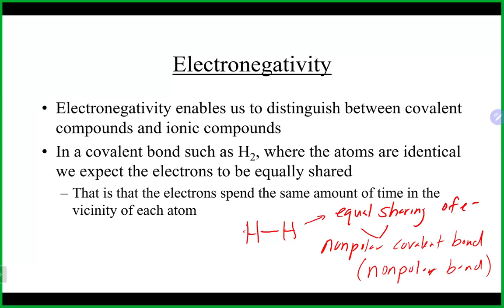As we will talk about, there is some degree of what we consider equal sharing. But if we have perfectly equal sharing of electrons, which would be the case here, since they're both the same element, that is also sometimes referred to as a pure covalent bond. A pure covalent bond is still a nonpolar bond, but with perfect equal sharing of electrons between the two atoms.